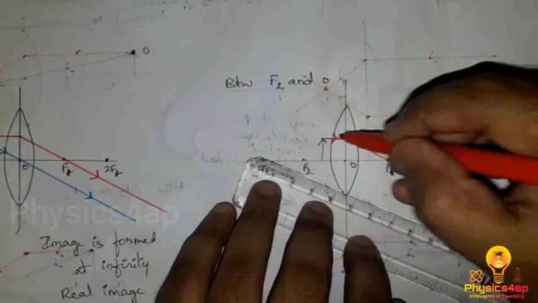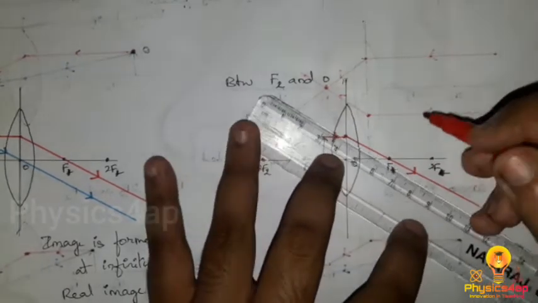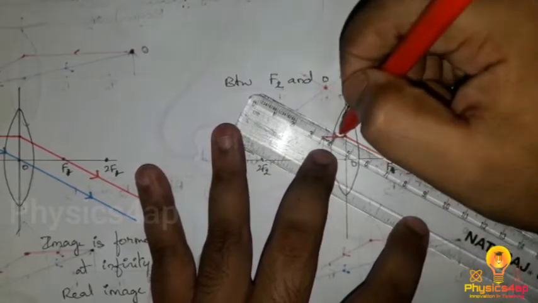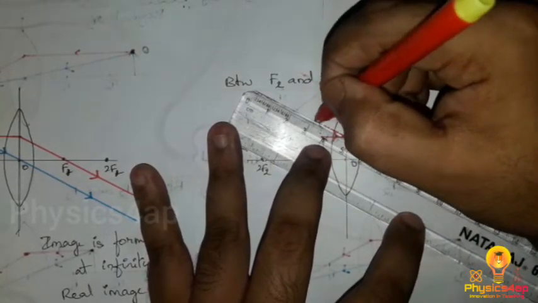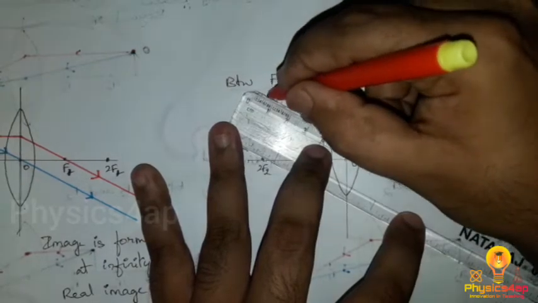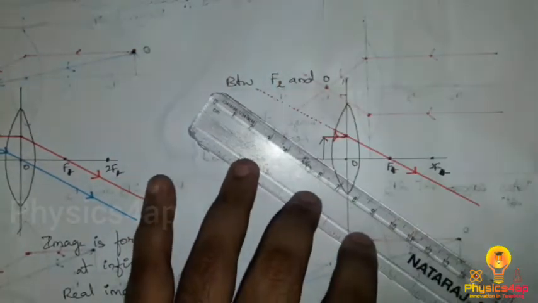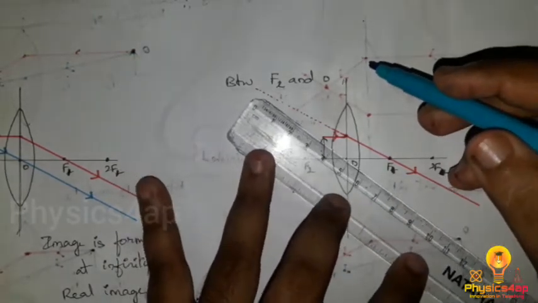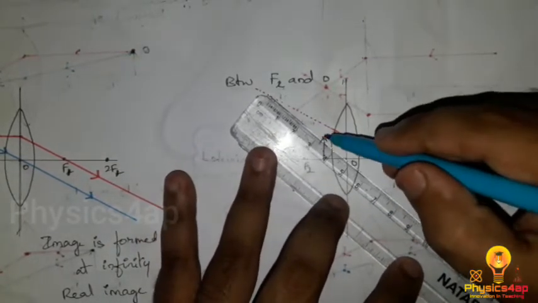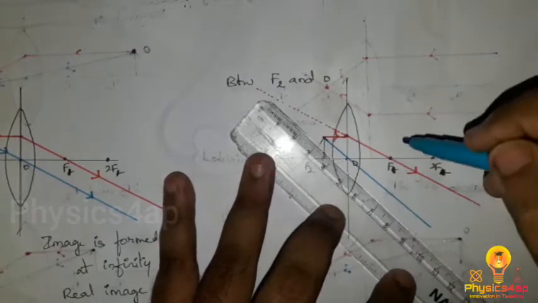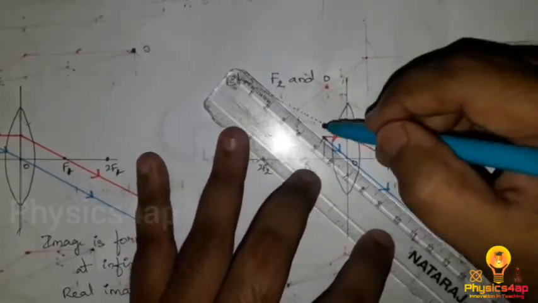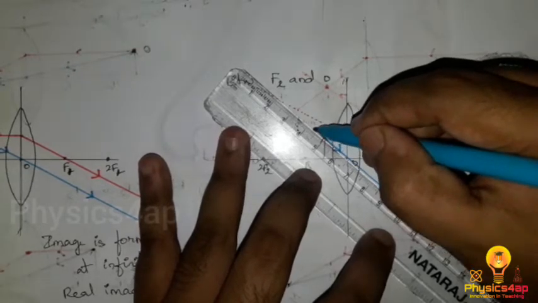Mention the arrow mark, and in this case you need to extend the refracted ray which you get here. Why it should be extended, that will be known now. And the second ray is passing through the optic center. Here also we have to extend these two rays.